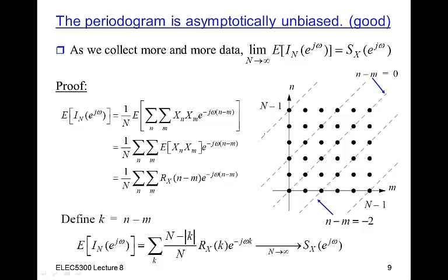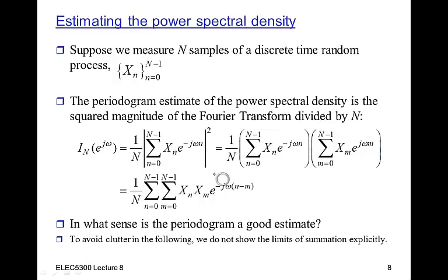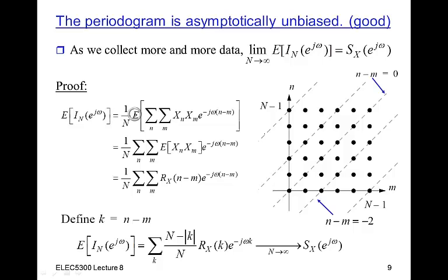Now, to prove that, we're going to take the expected value of the periodogram estimate. We're going to substitute in the definition that we got on the previous page, which is this one here, and then do the same trick we did before, switching the order of summation and expectation. We move the expected value inside to cover the random variables, and this is just the autocorrelation of x evaluated at the time shift n minus m.